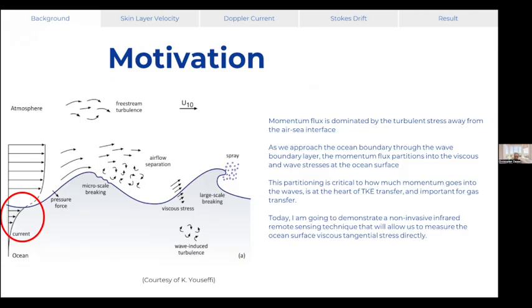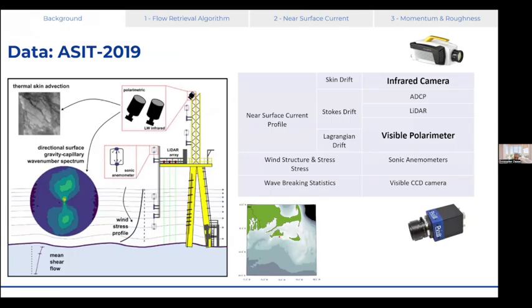So I want to talk about three things. One is this near surface current, and like I said, lots of measurements have been made in the laboratory, but we don't know much about the near surface ocean. So we've developed a technique where we use the tower off of Martha's Vineyard that I talked about earlier.